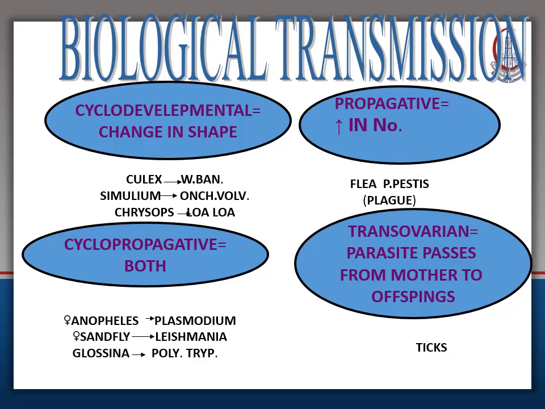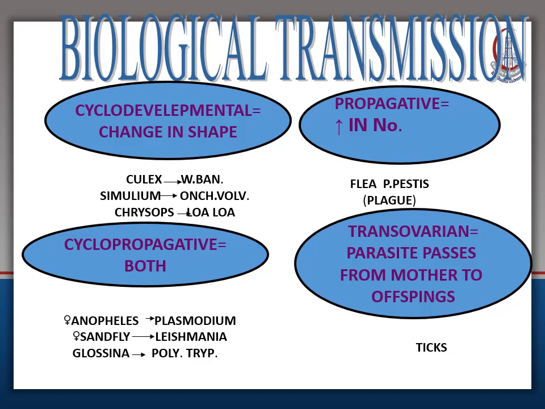And biological transmission is classified into four types. The first type, in which the disease agent changes in shape, we call cyclodevelopmental change. Or it may increase in number, and we call this propagative biological transmission. Or the disease agent may increase in number and change in morphology, and we call this cyclopropagative transmission.